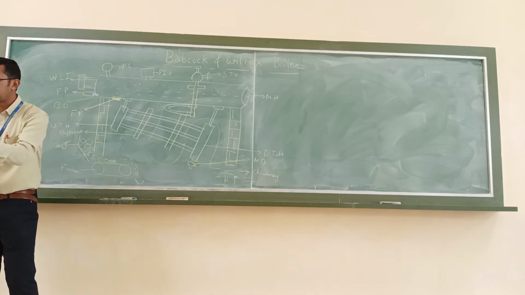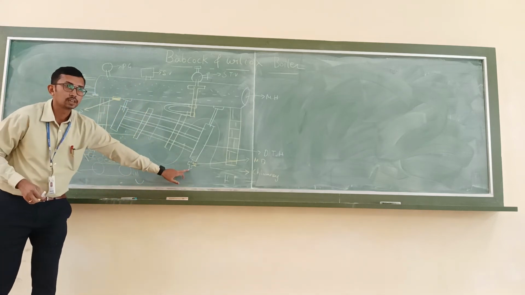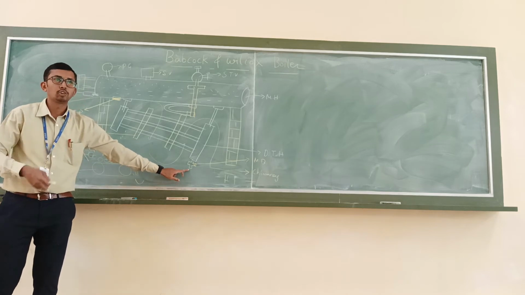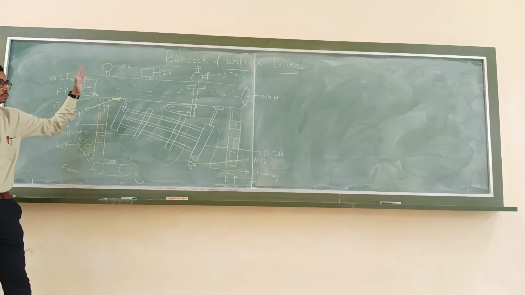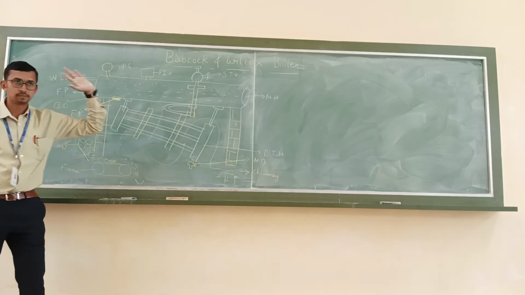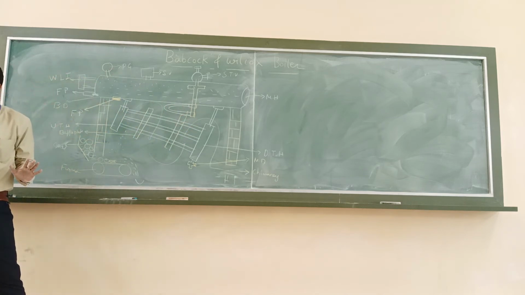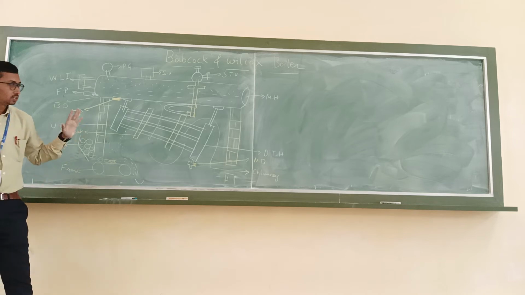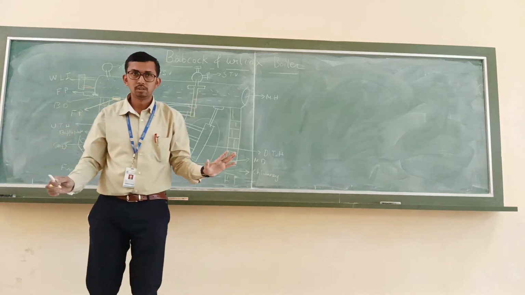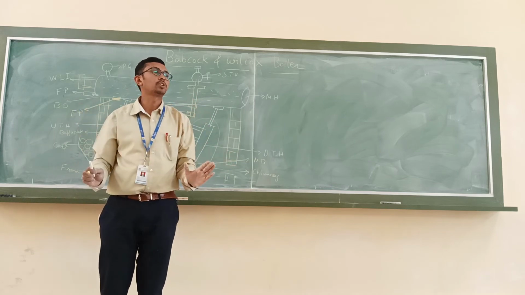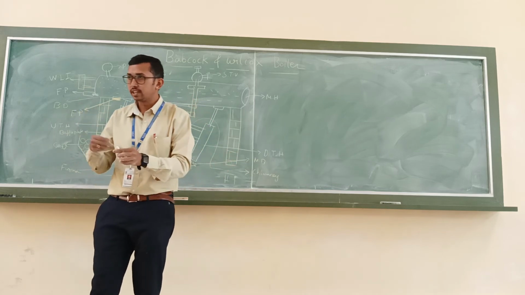The waste sand particles will be settled inside the mud box, so it will be cleaned regularly. Therefore the flow of water takes place without any obstructions. Is it clear? So this is the way you have to write the diagram. Very easy, no? If you know the explanation of it, you can just write it by explaining.